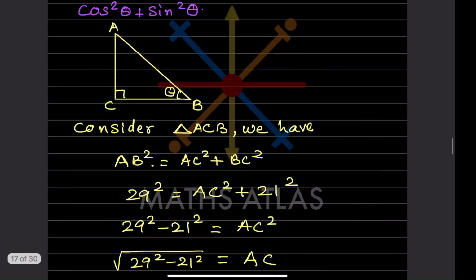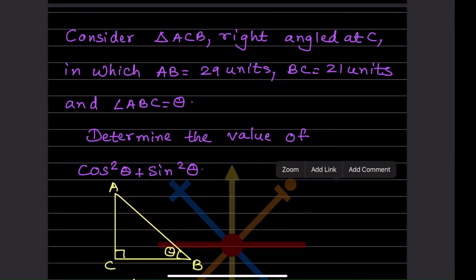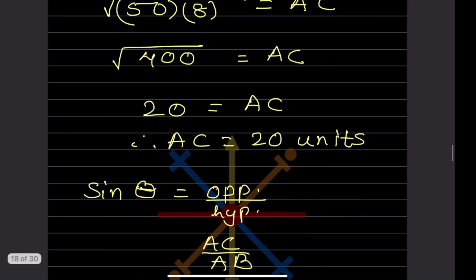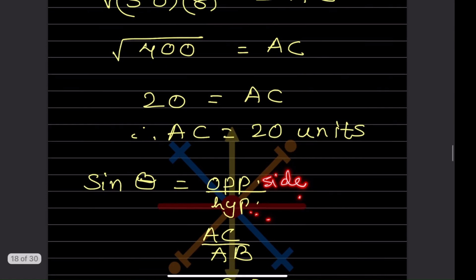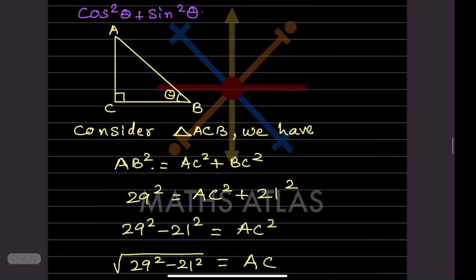So what is the other thing? They have asked to determine the value of cos square theta plus sin square theta. So let us see first what is sin theta. Sin theta is opposite side by hypotenuse. Now look at here, which is the opposite over here. This is theta. This is the opposite one divided by the hypotenuse.